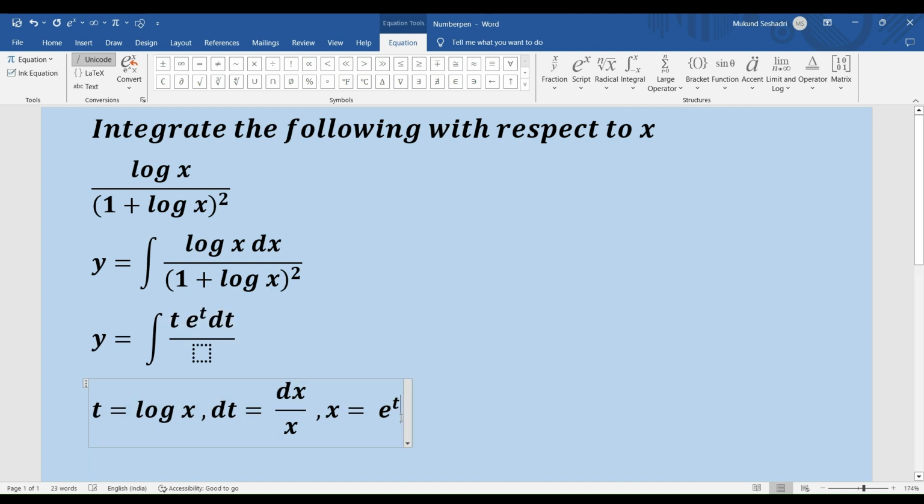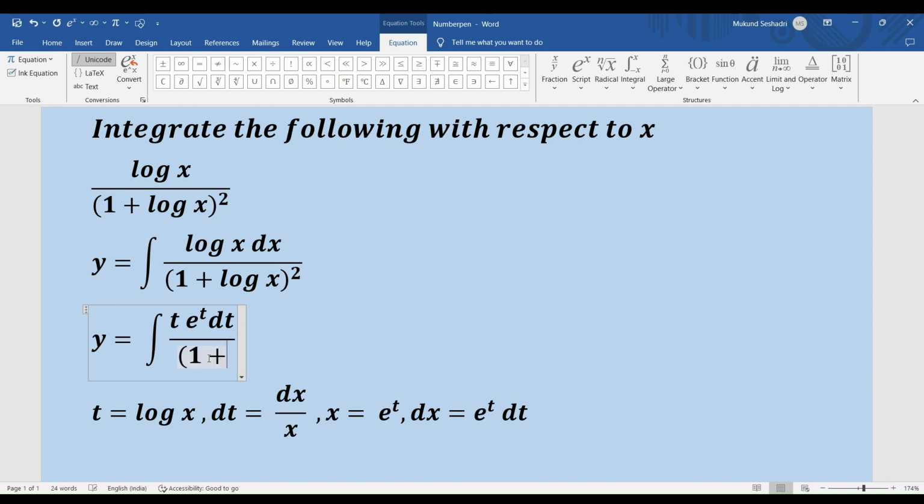Let me also write it down here. So my dt equals dx by x, right? So my dx equals x times dt, which is nothing but e to the power t dt. That's my dx, and let's come down to the denominator, and I have a 1 plus t the whole square.